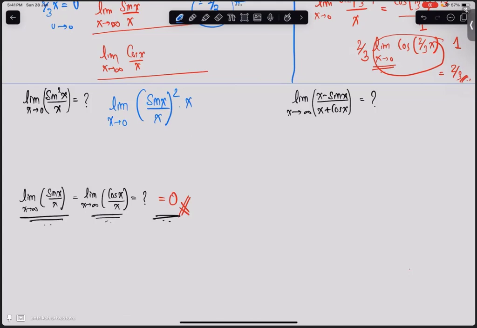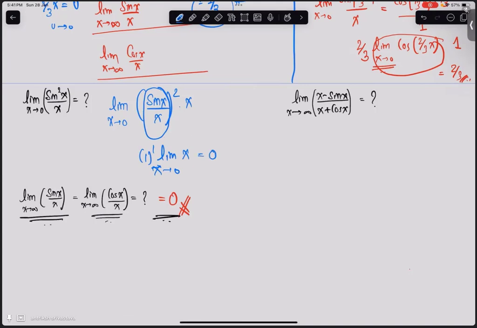Can we not write this like this? We can write, correct? And what do we know about sine x by x? Limit extending to 0, it is 1, right? So can we write this as 1 and x, and then we can keep that constant outside the limit? Then what happens to limit extending to 0 for the x?